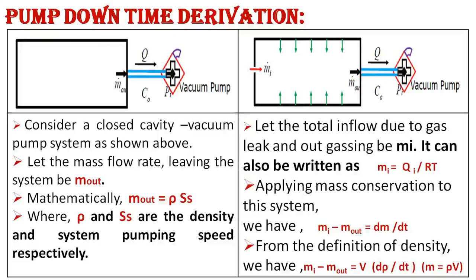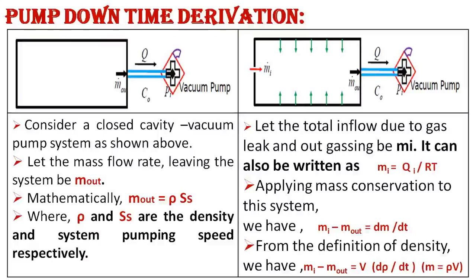Now, in the second diagram, let the total inflow be due to a gas leak and outgassing. It can also be written as M in is equal to Qi upon RT, the throughput of input upon RT.